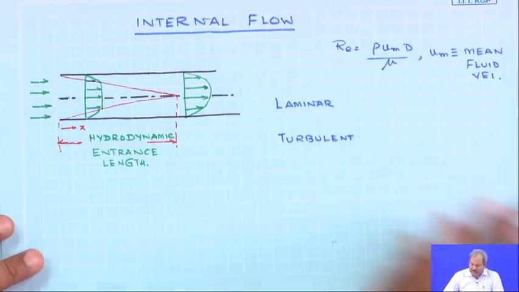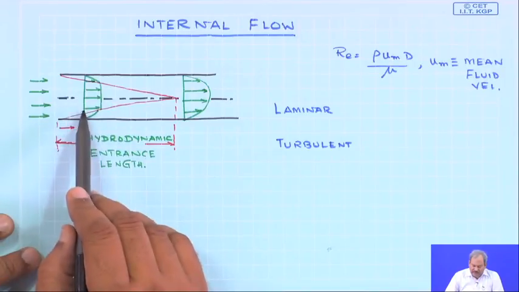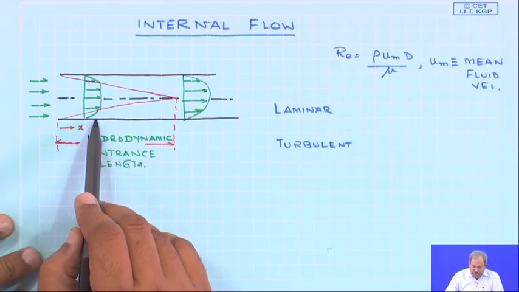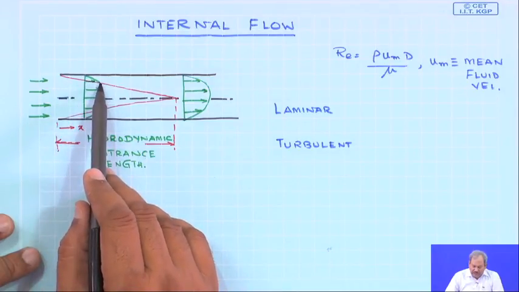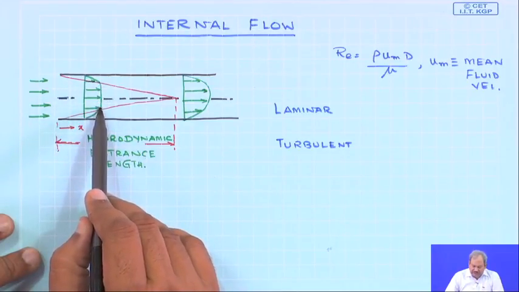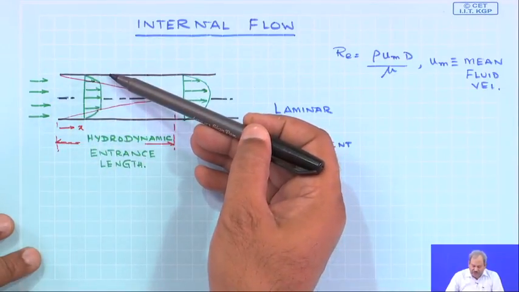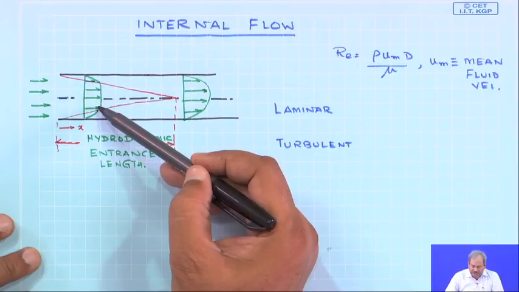That means it's coming with a constant velocity, and the moment it enters the tube, the viscous interaction of the moving fluid with the stationary solid wall starts to reduce the velocity near the wall, while the core region still does not know that a solid wall exists. So, it will flow with the constant velocity.